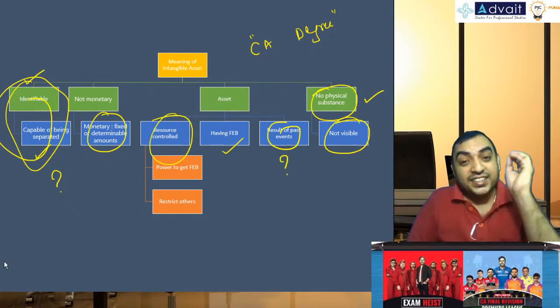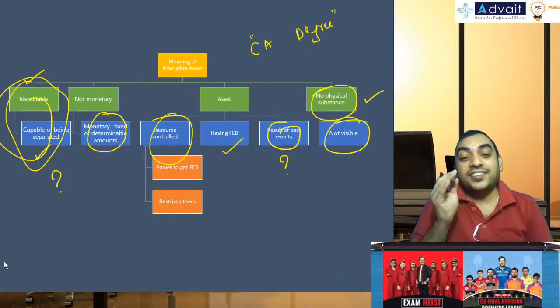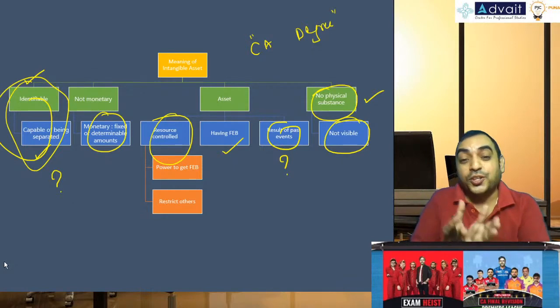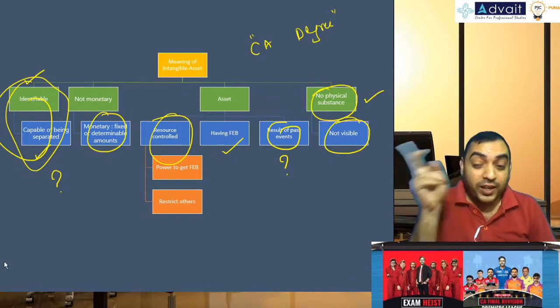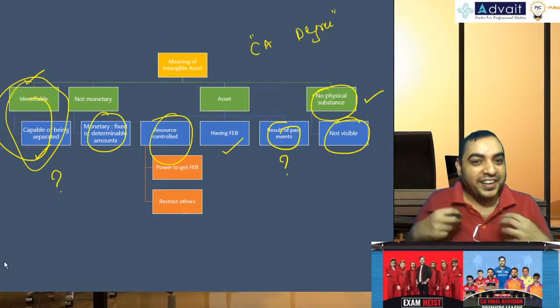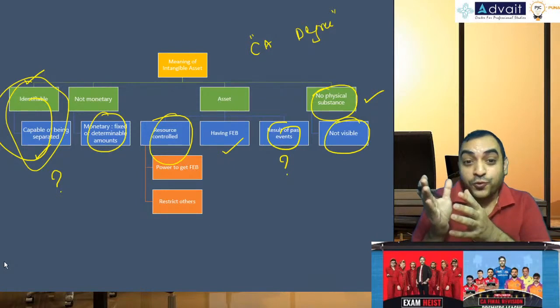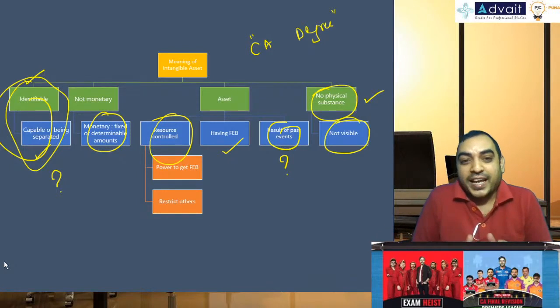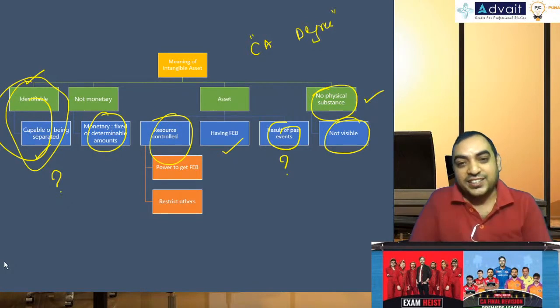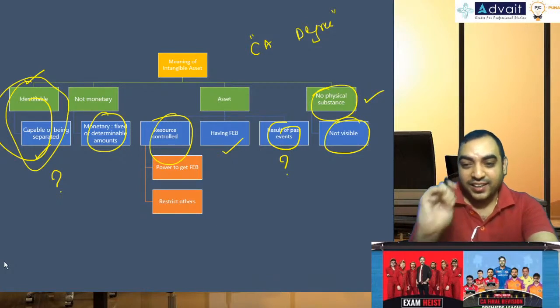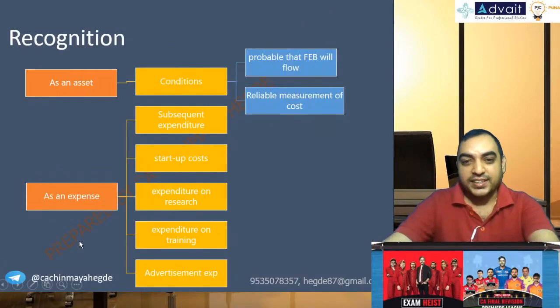Patent you can sell. A degree is not a tradable asset. You can't sell it to somebody else. A CA firm can have goodwill, but an individual degree cannot be sold. Maybe in future that also may come, we don't know. But as of now, it is not capable of being separated. Therefore, it is not an intangible asset. But in general, to understand, yes, you can say that.